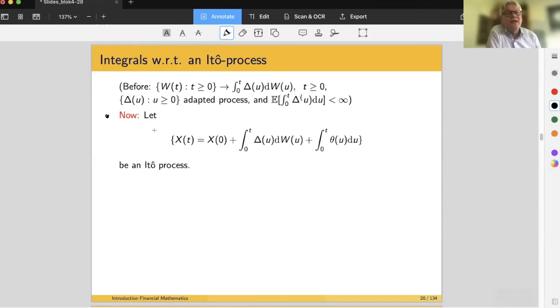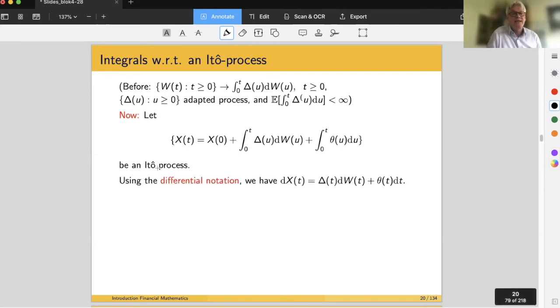That was the situation before, and now in this section, we will define the stochastic integral with respect to the Ito process x. So now let x be our Ito process, just defined, x0 plus the integral from 0 to t, delta u dwu, plus an integral from 0 to t theta u du. Let that be our Ito process. And now in this case, again, let's not forget the differential notation of this. dx is equal to delta t dwt plus theta t dt.